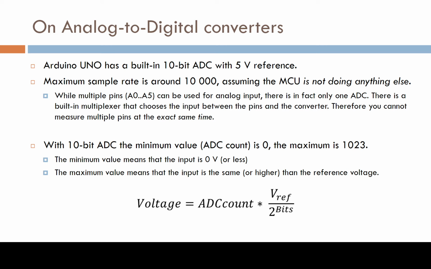So practically it means that when you call analog read, it reads from a pin, then it switches the multiplexer on to that channel, and then it measures the voltage. And then you can move to the next pin. You cannot measure multiple pins at the exact same time. That's one of the limitations of using multiplexed inputs.